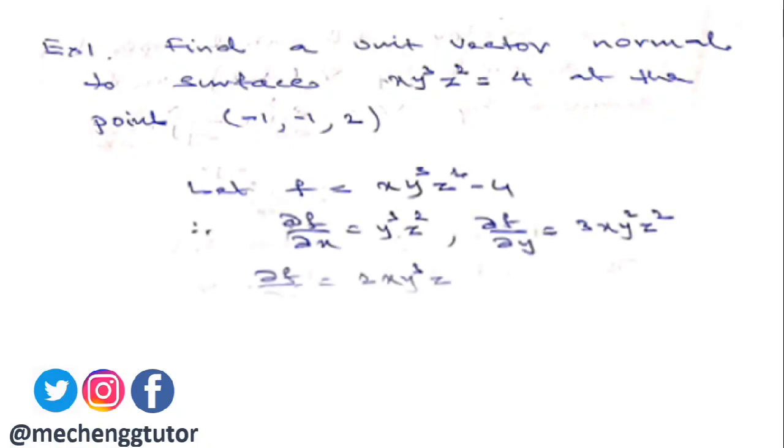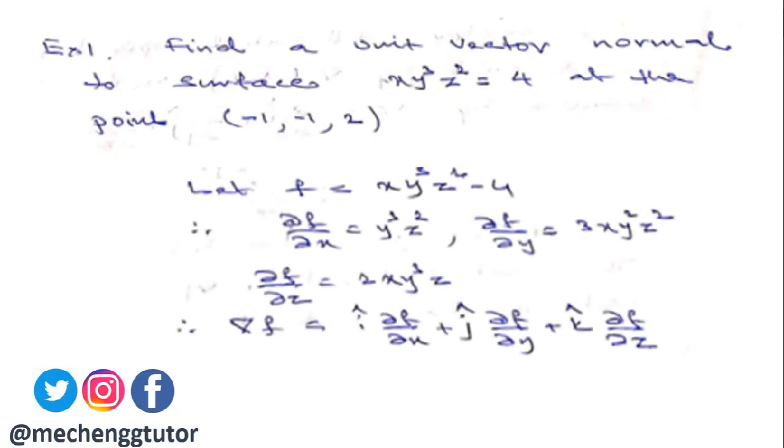The first step is to denote the given surface as f. Second step, calculate the partial derivatives of f with respect to x, y, z. You all know how to calculate partial derivatives. When you are differentiating with respect to x, keep the other variables y and z as constants. Similarly, when differentiating with respect to y, the other variables are treated as constants.